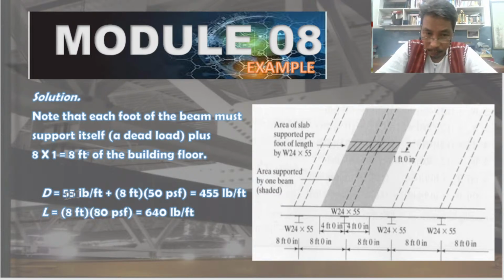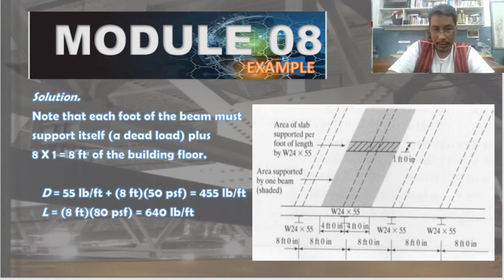So 8 times 50 is 400, plus 55, that is 455 pounds per foot. That is our dead load.